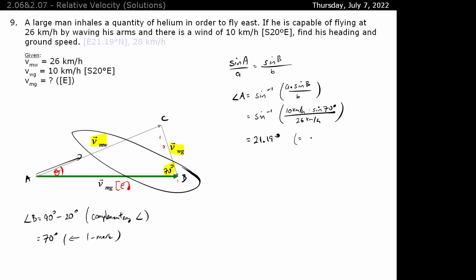So this is also equal to angle of VMW. Luckily for us, because VMG is facing towards the east, we know that angle of VMW is just simply equal to angle A plus 0 degrees, right? Because MG is already facing towards the east, and that's why it's still 21.19 degrees, east, 21.19 degrees towards the north.